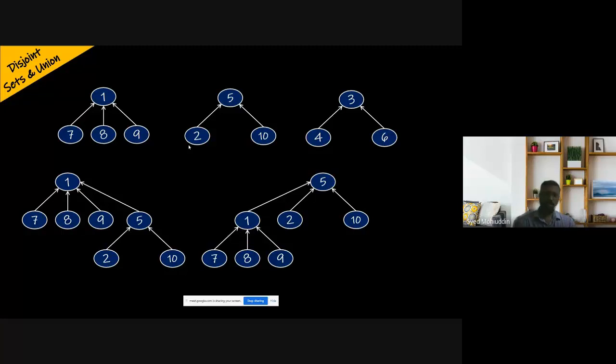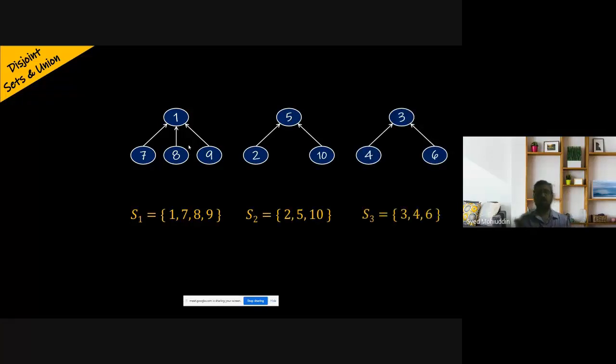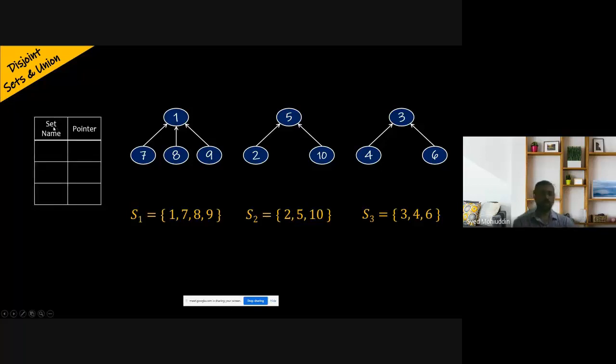Now, actually, what happens is, when we have set S1 represented as a tree, S2 represented as a tree, S3 represented as a tree, we will not be calling them S1, S2, S3. We refer to them by their root node, that is 1, 5 and 3. Set 1, set 5 and set 3. That way we refer to it. Why? Because when we write a program, we can maintain a table. That table can contain the set name. So instead of calling the first tree S1, second S2, we can maintain a table.